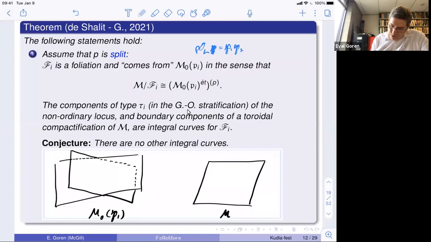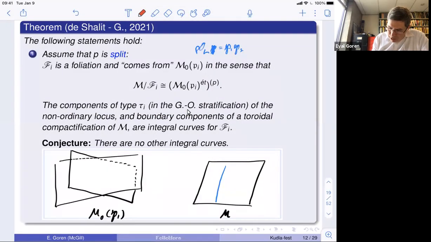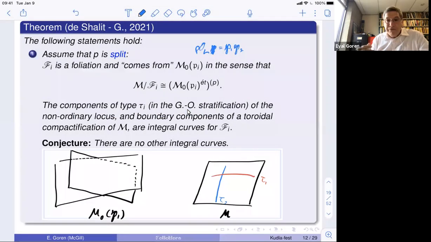If you want to visualize it, on the Hilbert modular surface, there's a stratification that I studied with Oort. There are two types of curves, tau1 and tau2. They are defined as the vanishing locus of two different Hasse invariants. They intersect transversely, so red components do not intersect with red components and blue ones don't intersect with blue ones. And the Shimura variety with level p structure looks roughly something like that.